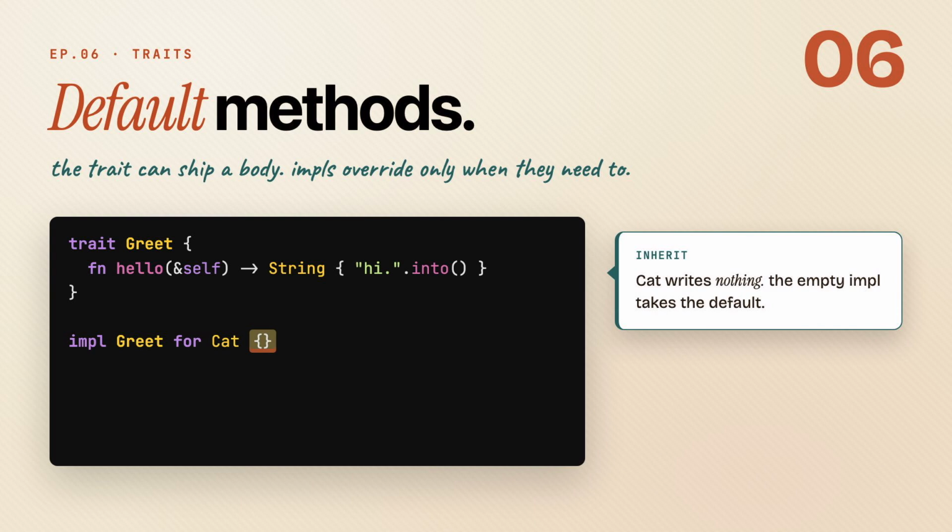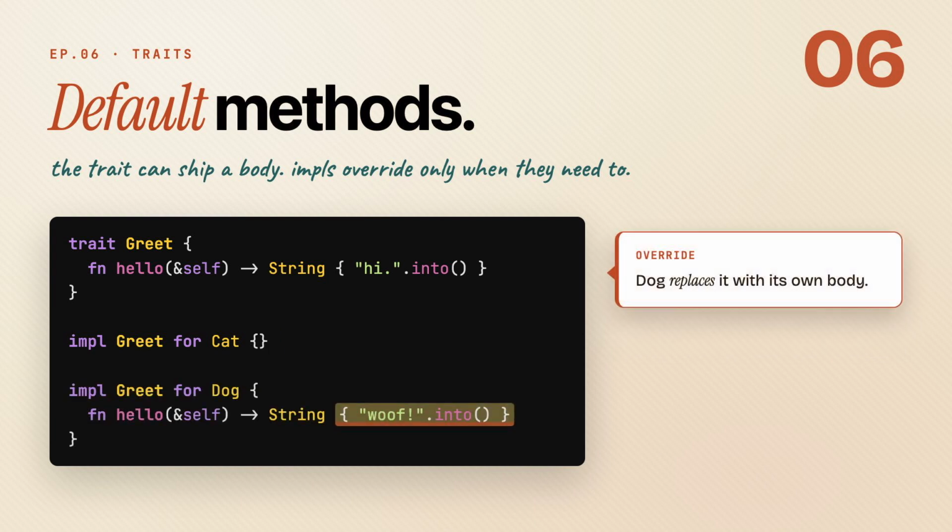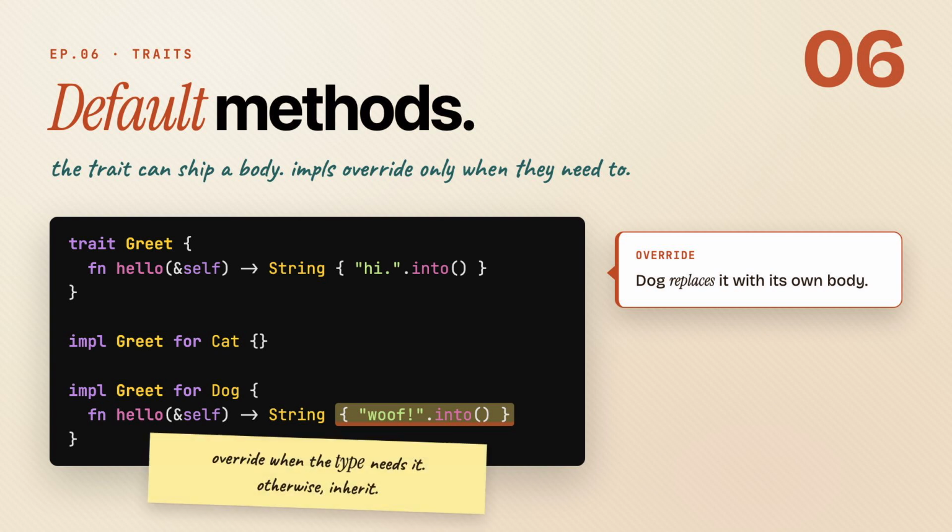It just inherits the default hello from the trait, no extra code on the cat's side. Dog wants its own, so it overrides. It writes a hello that barks and that replaces the default just for the dog, and everyone else still gets the fallback. It's like overriding when the type needs something different, otherwise it just inherits.